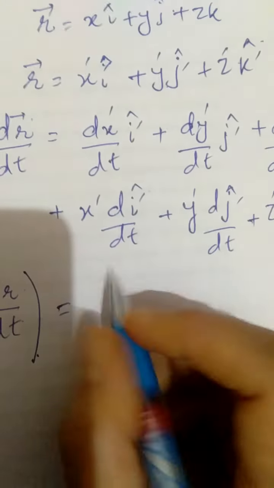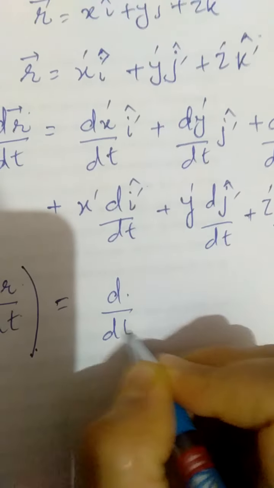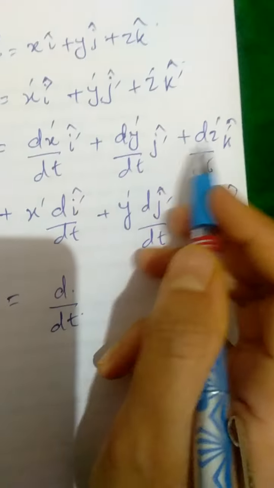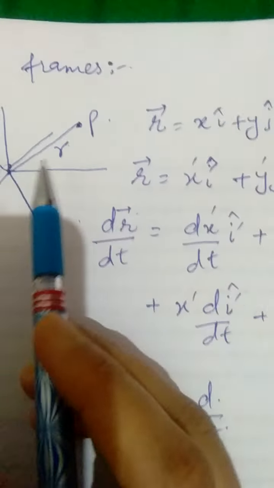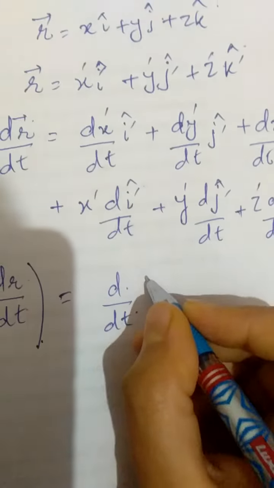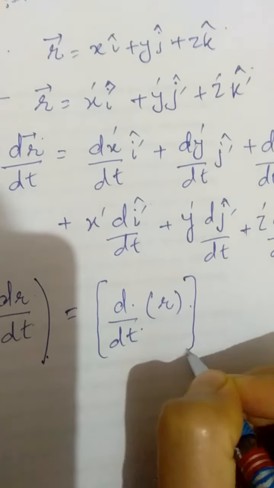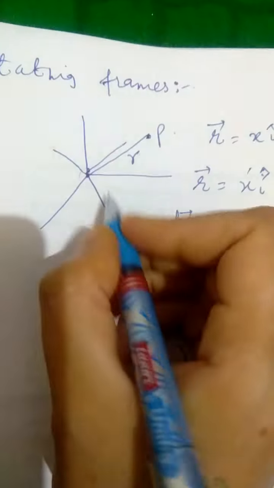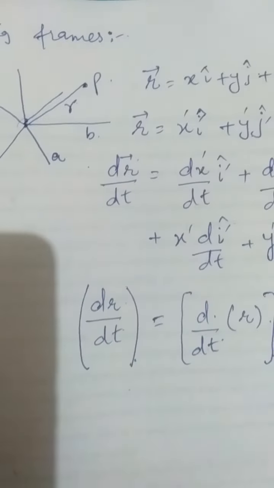Now what is this? This we can write as d by dt of xi, yj and zk. Of course this is the radius vector in case of the rotating frame of reference, and that is r. So let us name this rotating frame of reference as a and the fixed frame of reference as b, right?